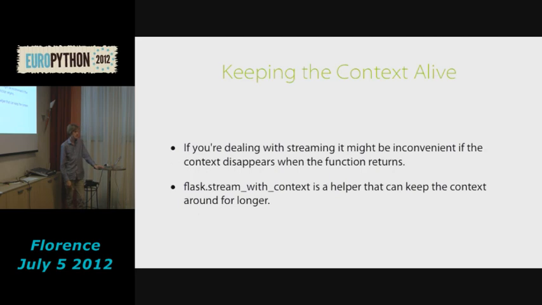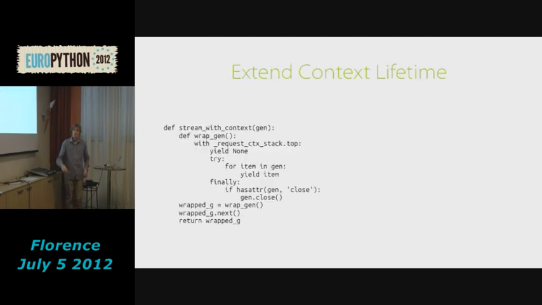So if you stream data, sometimes you want to have the context around. So this function here is new with the latest version of Flask, which is you can pass it a generator, and while it's generating over this generator, you still have access to the context. So if you have like a 10 gigabyte file you want to generate, you will run out of memory if you do not stream the data.